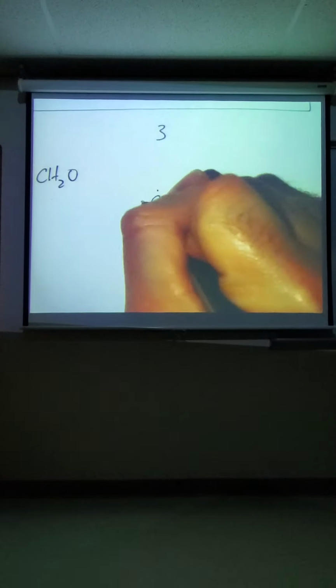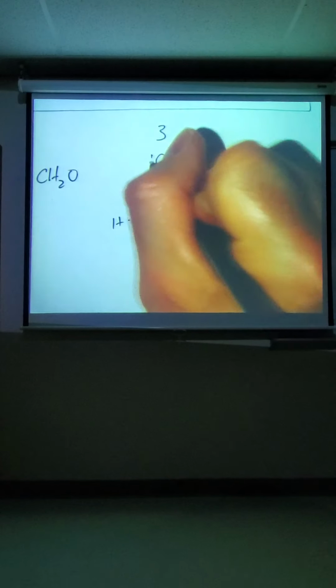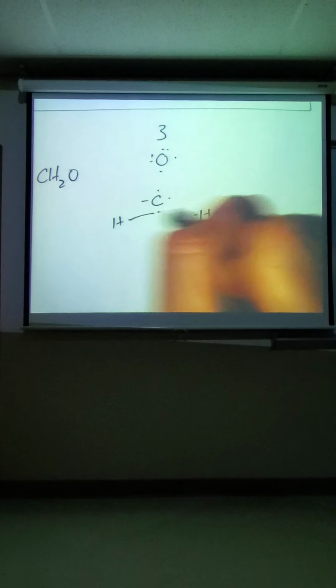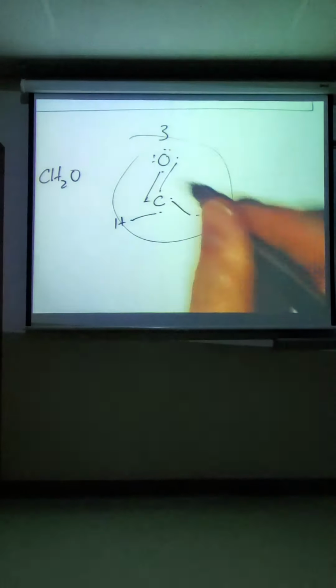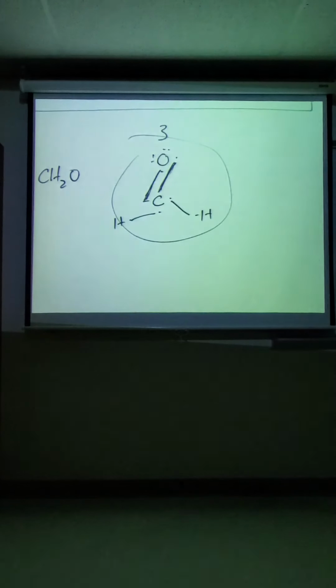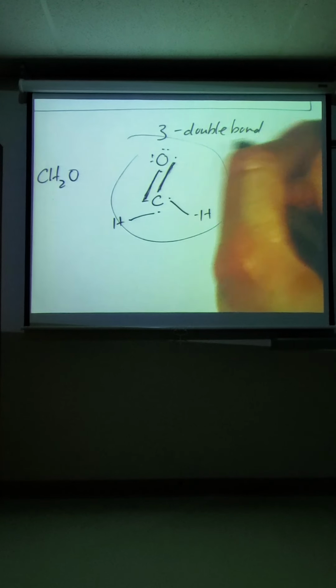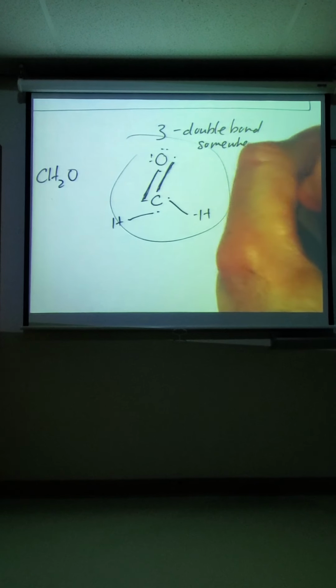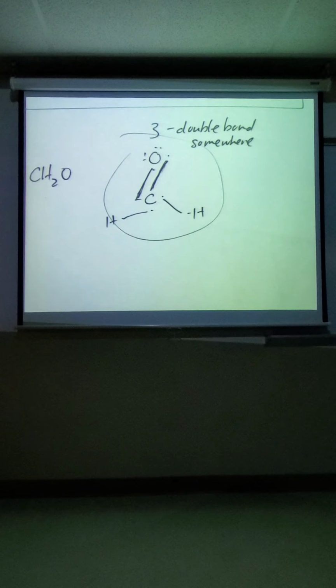You have a carbon with 4, you have hydrogens with 1, you draw it in symmetrically, oxygen with 2, you connect, you connect, you connect. But notice that's a double bond. That's a clear giveaway that 3 directions is going to have a double bond somewhere. Notice the 4 that we had earlier were all single bonds, and that remains to be the case. But if you have a double bond, you're going to be in this category.